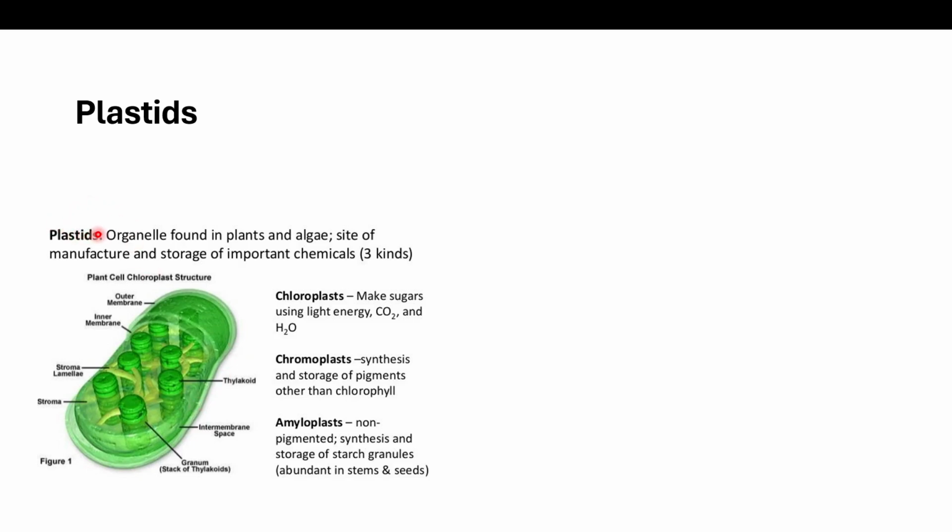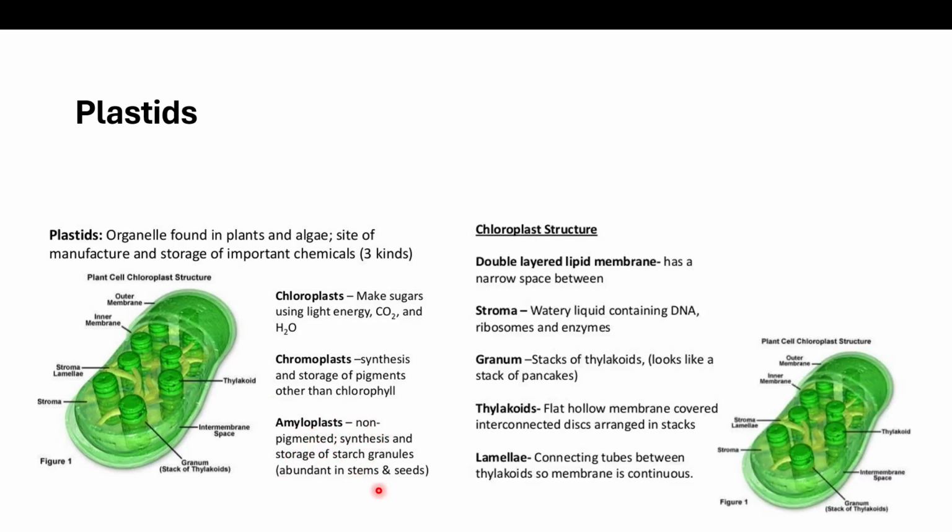If we talk about plastids in general, they can be chloroplasts, which make sugars using light energy, CO2 and water. There can be chromoplasts as well, which synthesize and store pigments other than chlorophyll. And then there can be amyloplasts, which are non-pigmented. However, they are used in the synthesis and storage of starch granules. So amyloplasts are mostly abundant in stems and seeds.